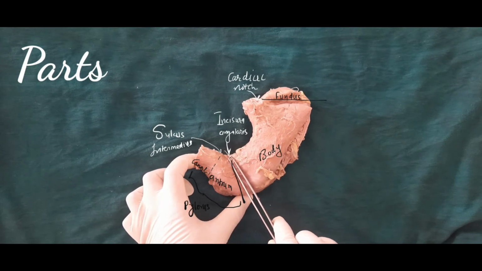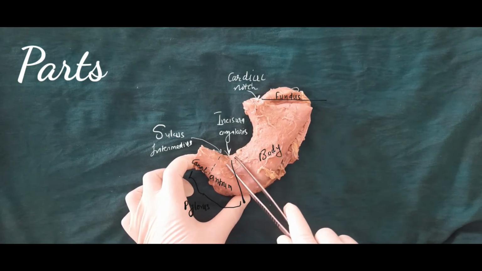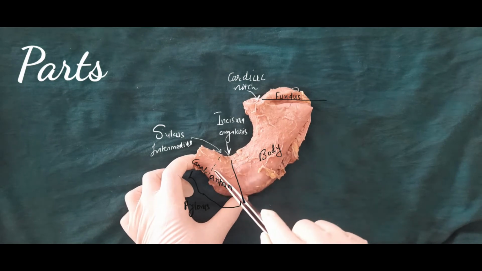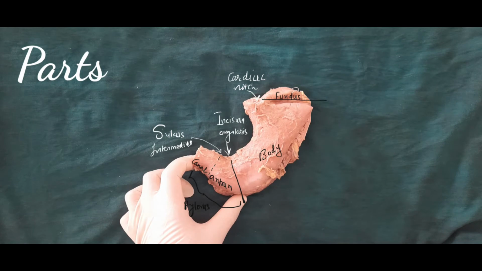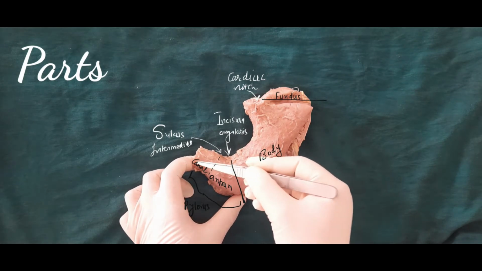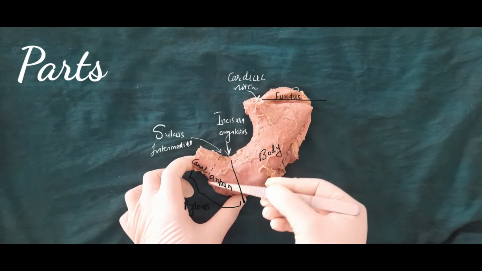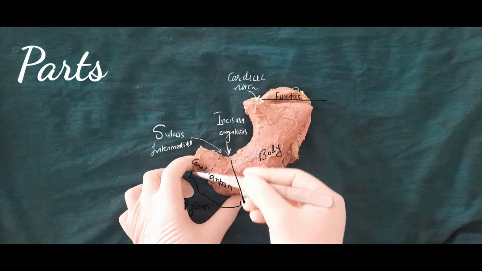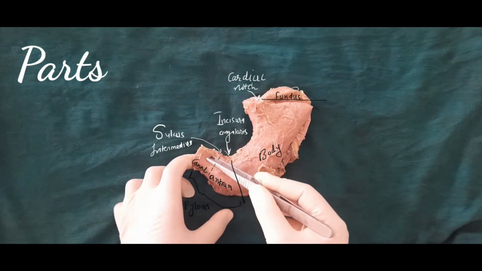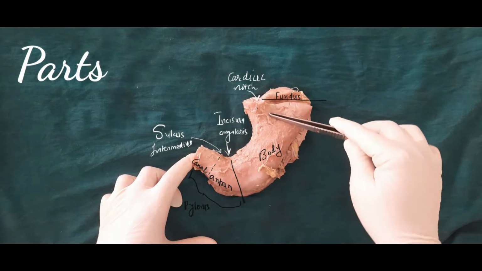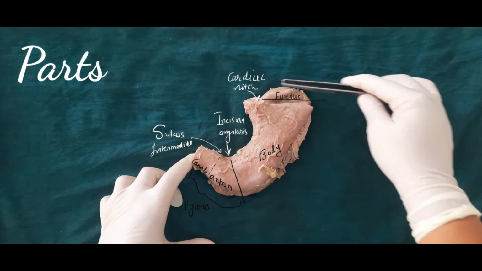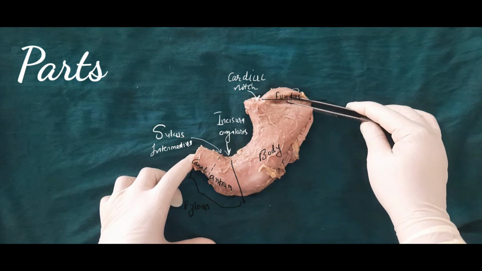Again, this pylorus is divided into two parts by a sulcus intermedius, which divides the pylorus into pyloric antrum and pyloric canal. So this is the pylorus, this is the body, and this is the fundus of the stomach.